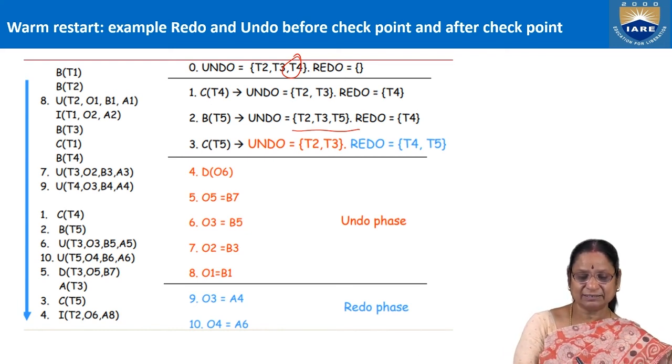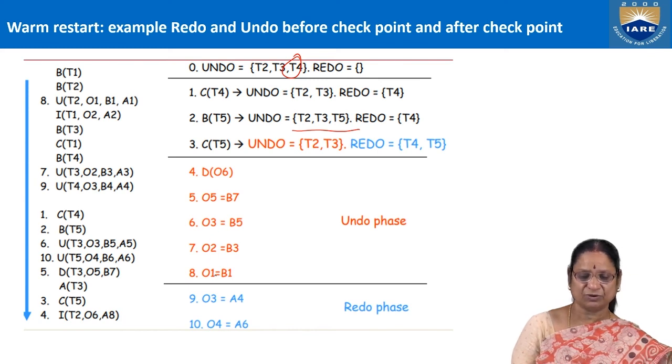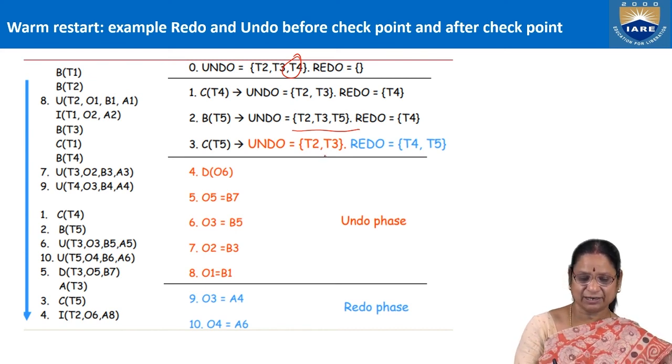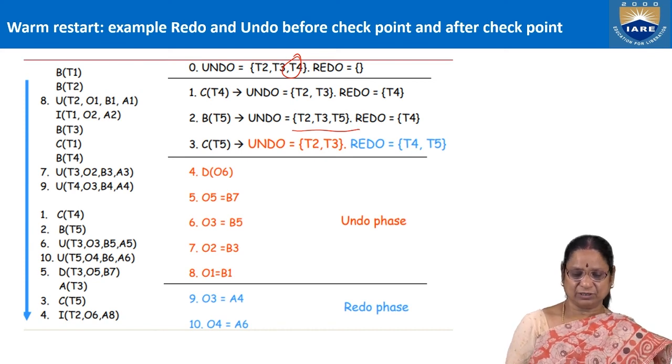Based upon that, these updates are going to be like this. Object 6, object 5, object 3, object 2, object 1 are there. You observe here, object 6 is related to T2. T2 is undone with the old value. So that's why object 6 is going to have its respective old value only.